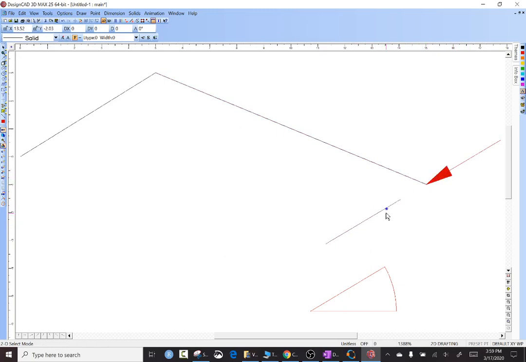Get this one out of the way. It's already defined as my 30 degrees. So there's the velocity vector.